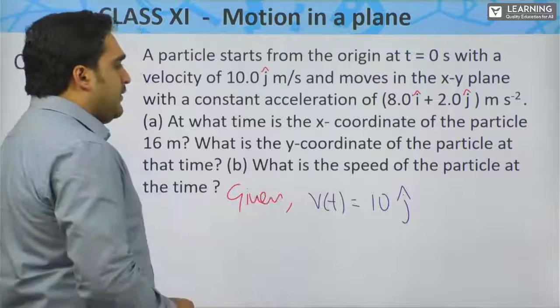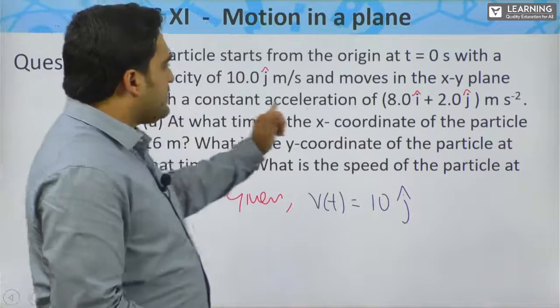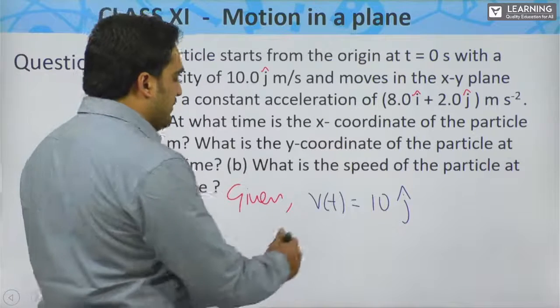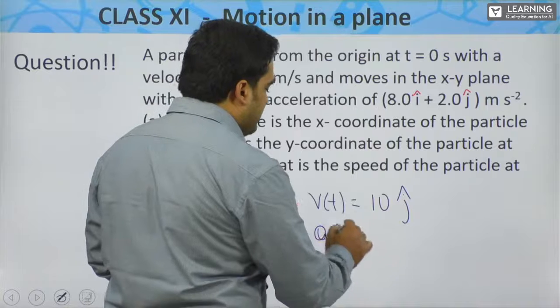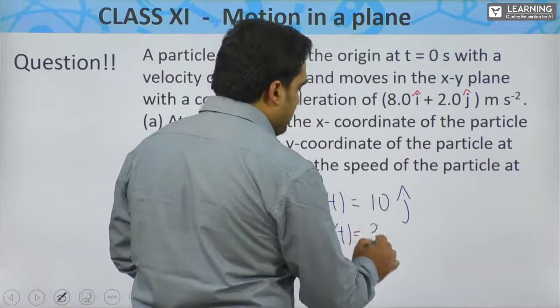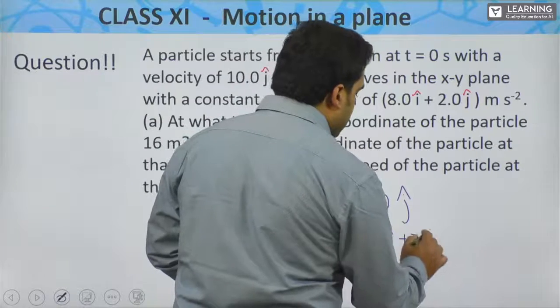Then it moves in an xy plane with a constant acceleration. Acceleration of the particle is given at any given instant of time, which is 8 i cap plus 2 j cap.